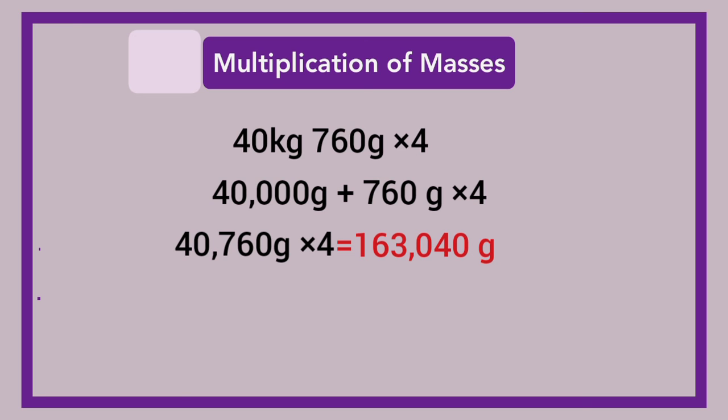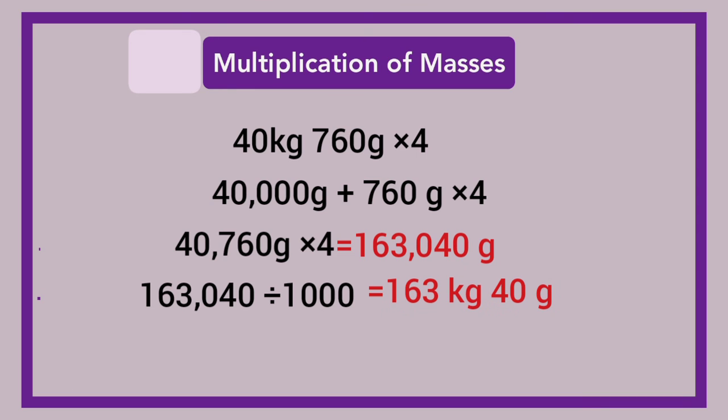Now this should be separated to grams and kilograms. So for that you have to divide 163,040 grams by 1000 and you will get 163 kilograms and 40 grams. So this is the final mass of all the 4 gunny bags with the sugar.